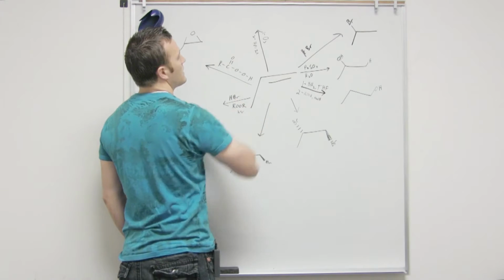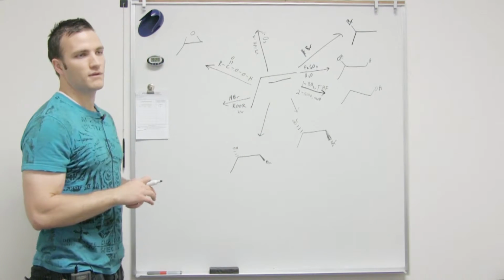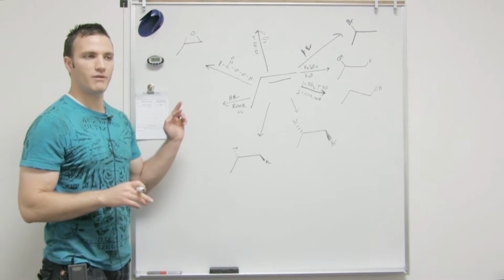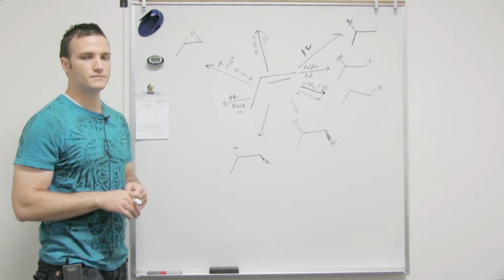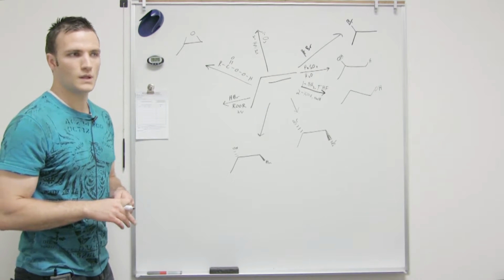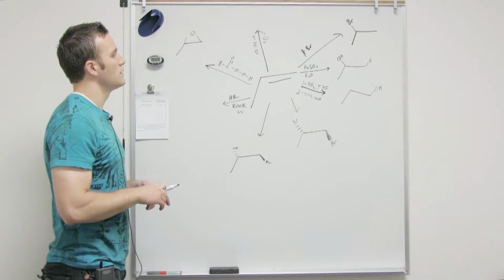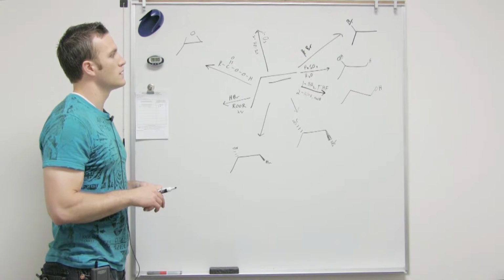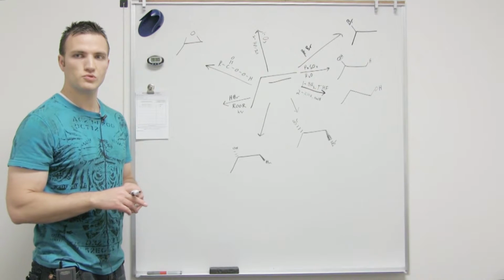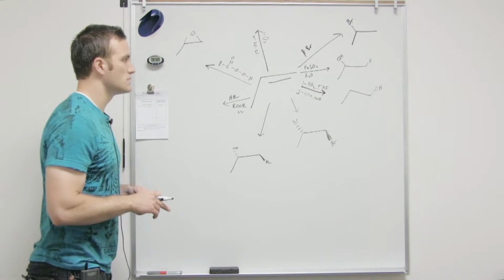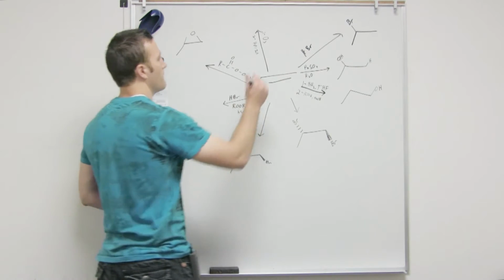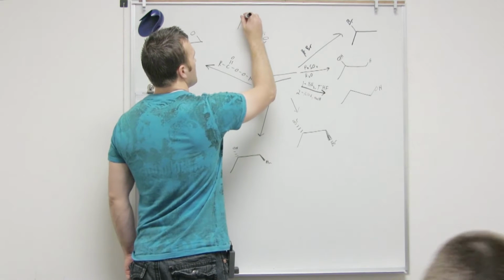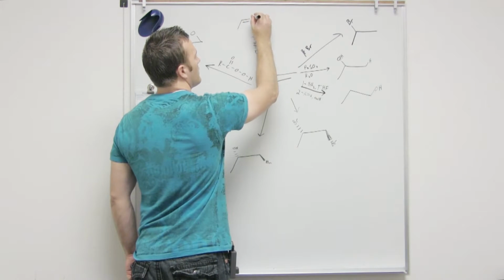So what's it going to look like? What's the characteristic of ozonolysis to an alkene? Our carbons are going to, that double bond's going to split in the middle, and then there's going to be oxygen bonded to those carbons. Okay. So tell me if I'm drawing what you're saying.